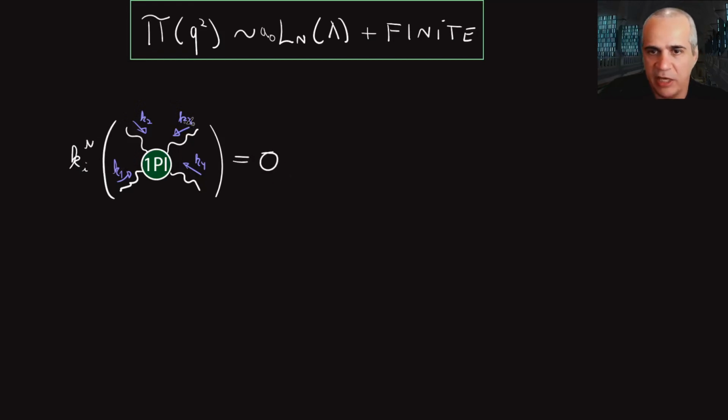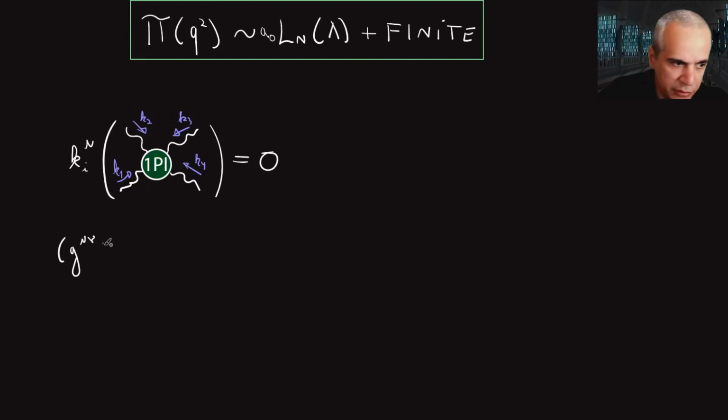I can exchange any one of those legs and contract by the momentum going into the leg with the rest of the diagram, and that needs to be 0, right? Coming from the Ward identity again. I won't show it here, but that also constrains the most general form of this guy, which is now something with 4 Lorentz indexes, to have a particular form, which will be something that looks like that.